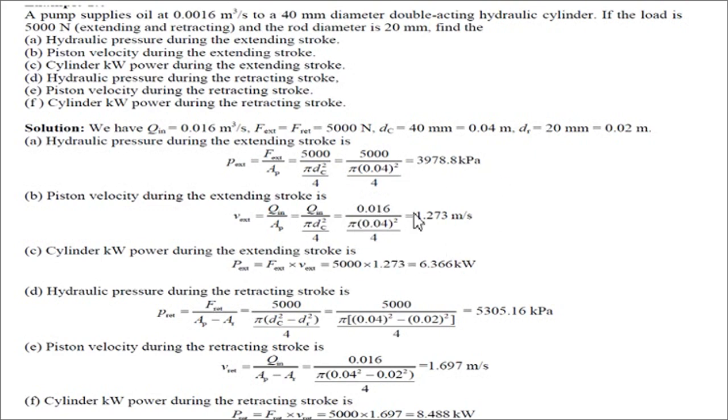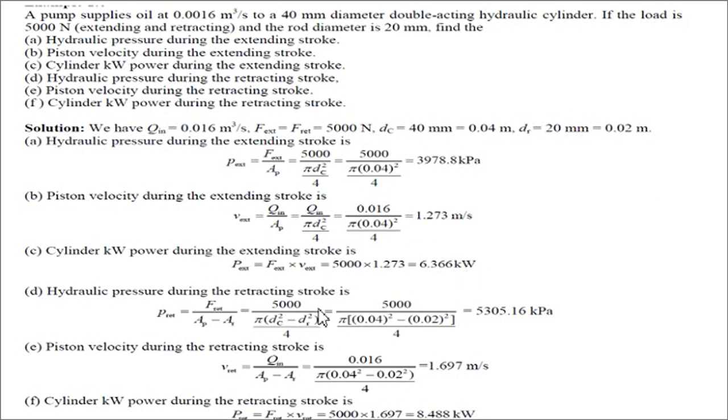You know the discharge, and you know the piston diameter. So you can get the velocity of extension, that is 1.273 meter per second. When you know the force and the velocity of that particular actuator, you can find out the power which is delivered by the actuator, and that comes as 6.366 kilowatt.